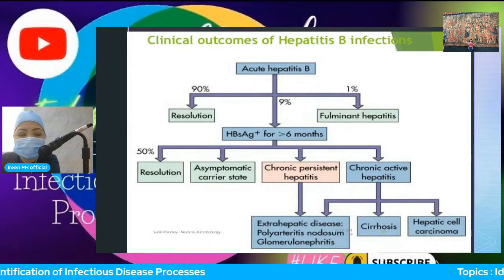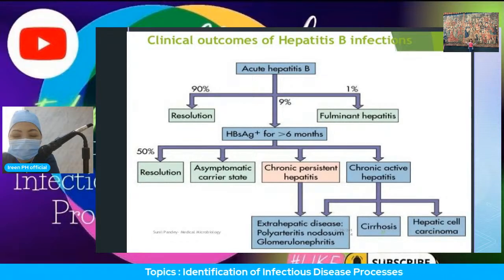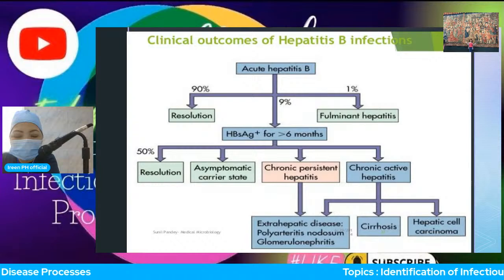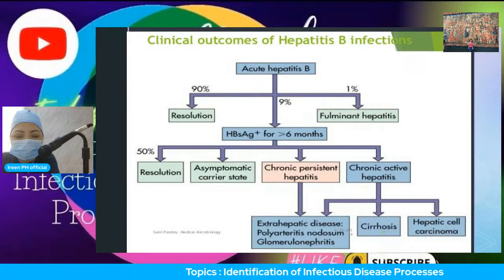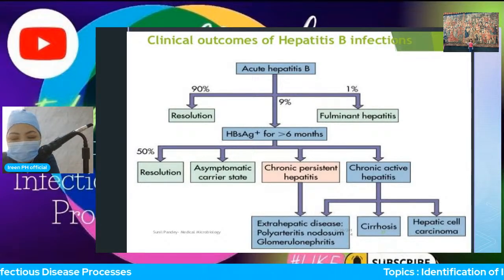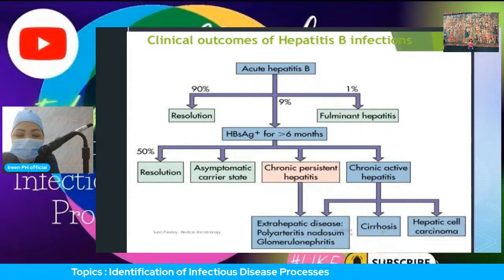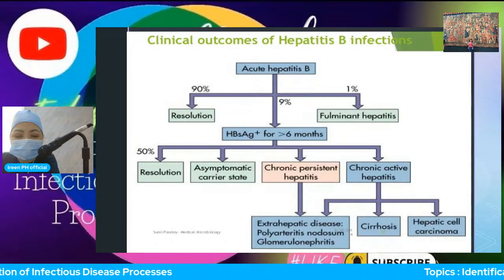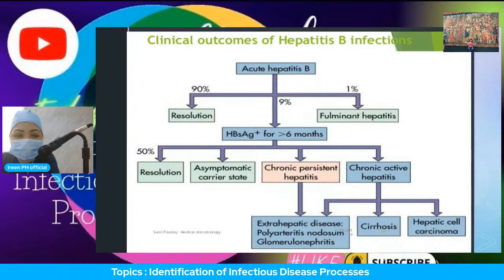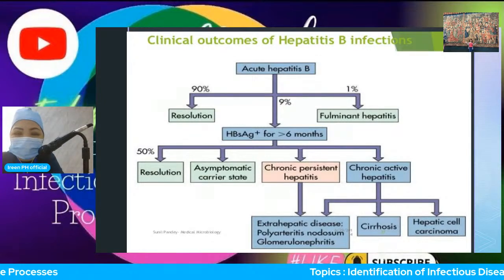There are 50% resolutions, the asymptomatic carrier state, and chronic persistent hepatitis, chronic active hepatitis, cirrhosis, hepatocellular carcinoma, and the extrahepatic diseases: polyarteritis, glomerulonephritis. This includes your pathway from chronic persistent hepatitis. And I have legend colors here so that you understand the percentages first. We'll start with the percentages and then the clinical outcomes of this hepatitis B infection.